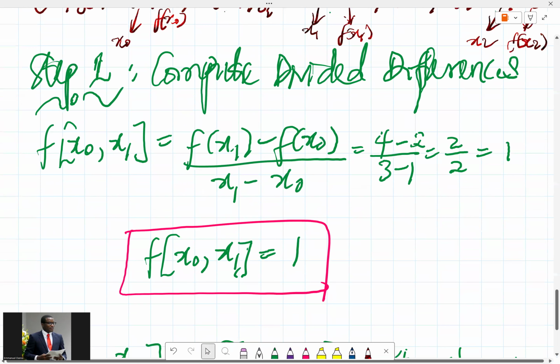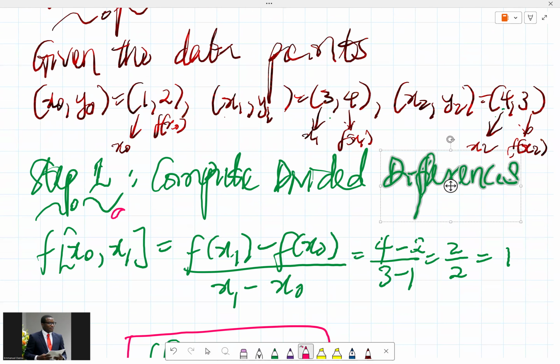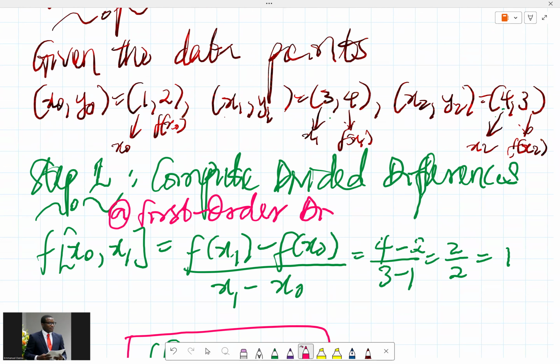So we are done with all the first order divided differences. That's what we have done so far. If we had an x3, y3 again, then we would still need to do x2, x3.